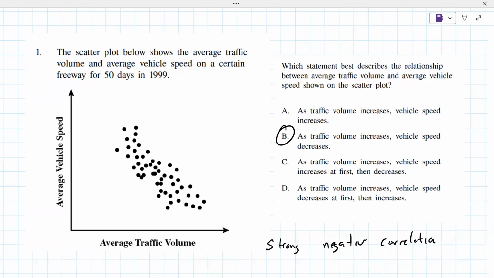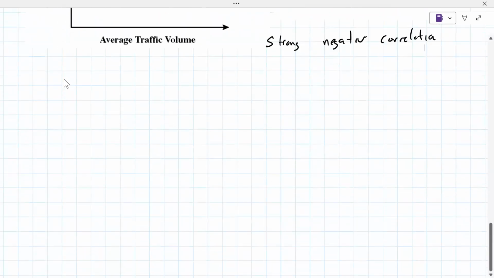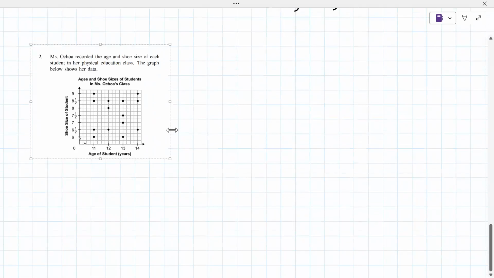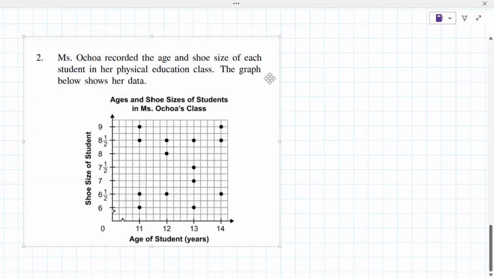All right, let's look at another one here. I want you to describe what you see in your own words again. Take a minute there. Tell me what you see. Well, when you're younger, you'll most likely have a smaller foot size.